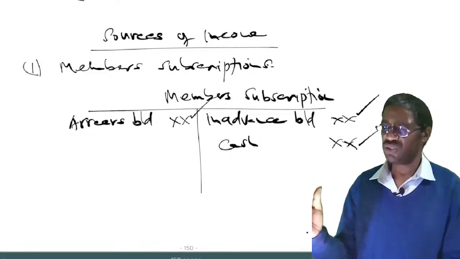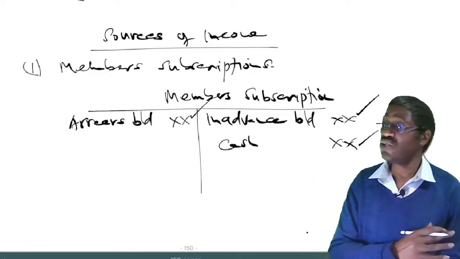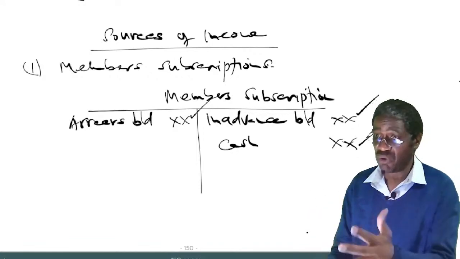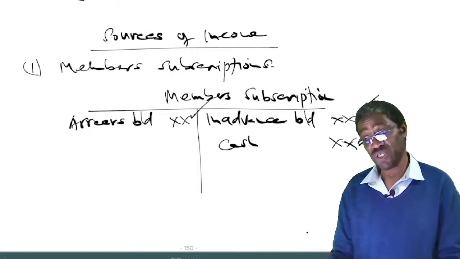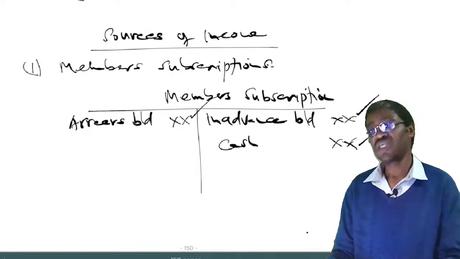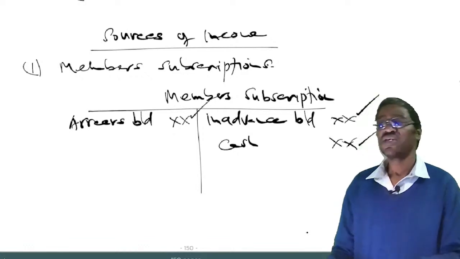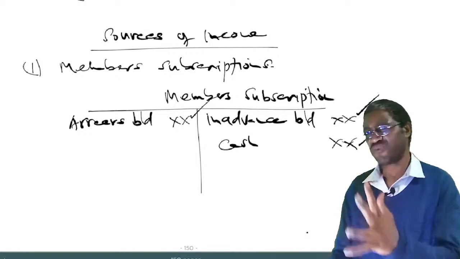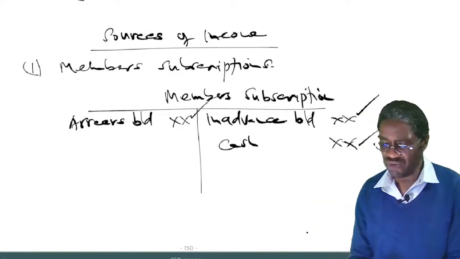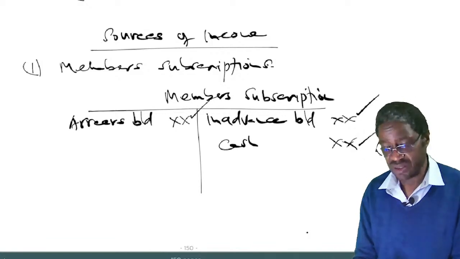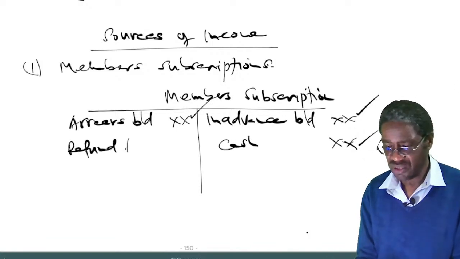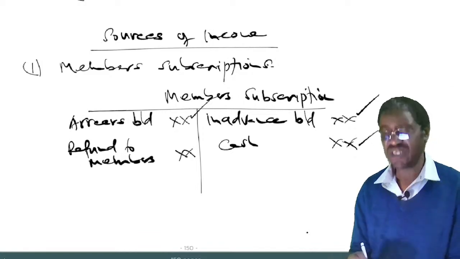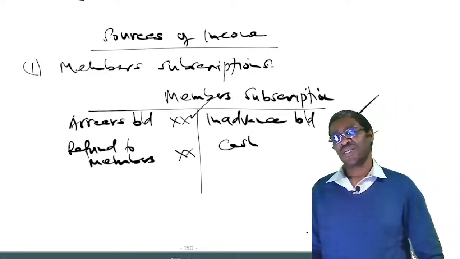But for whatever reason, the member decides he's no longer going to be a club member this year. Yet he had paid for the club usage this year. For whatever reason, he's not able to utilize the facility. So it tells us to refund that subscription. So we shall refund. It is obvious, whatever you are refunding to the members, you debit. You come and say a refund to members, whatever it is. Good. That is it.